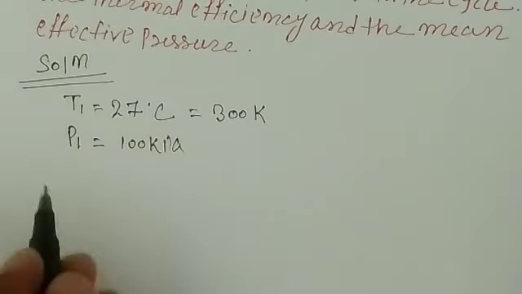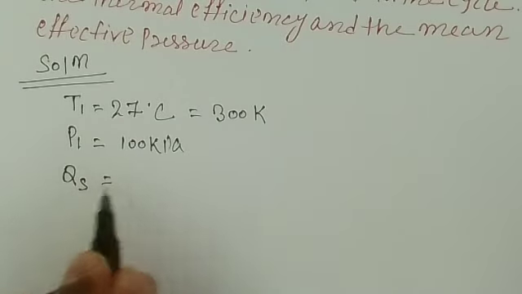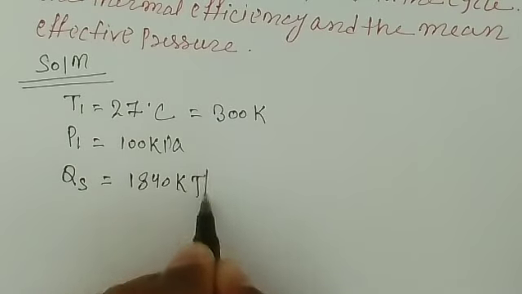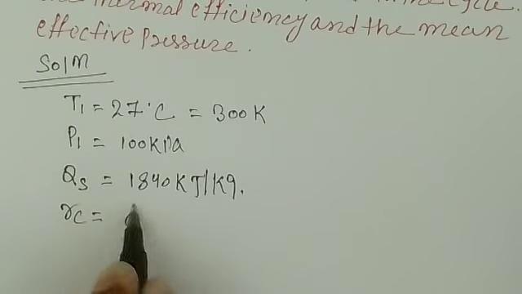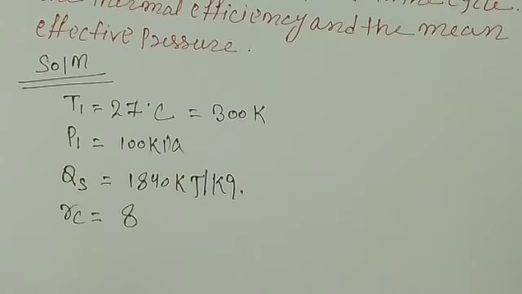We'll leave it in kilopascal only. The heat supplied, or heat addition, QS is equal to 1840 kilojoule per kg. The compression ratio RC is equal to 8. We have to find the pressure and temperature at each point and the thermal efficiency.